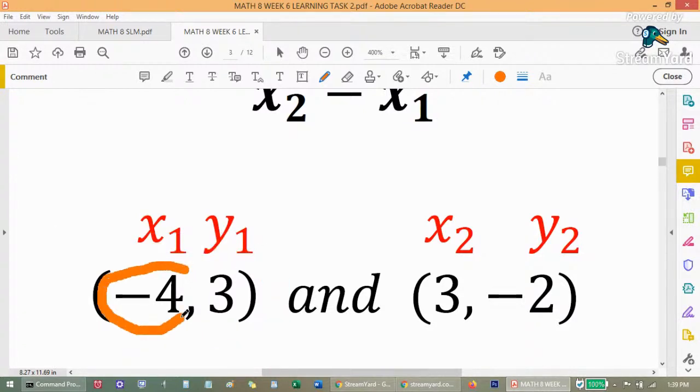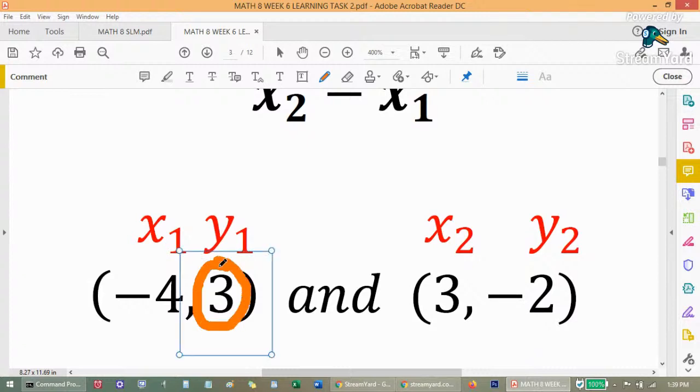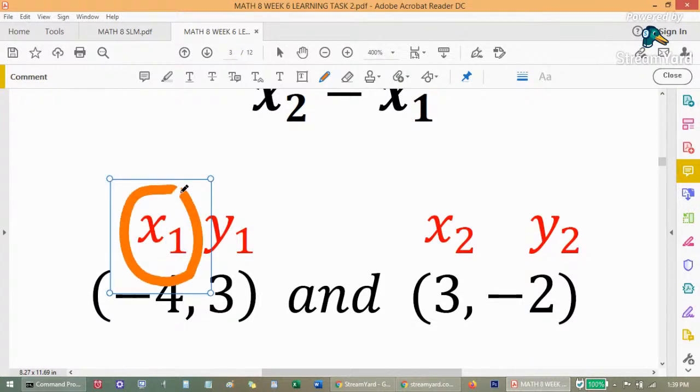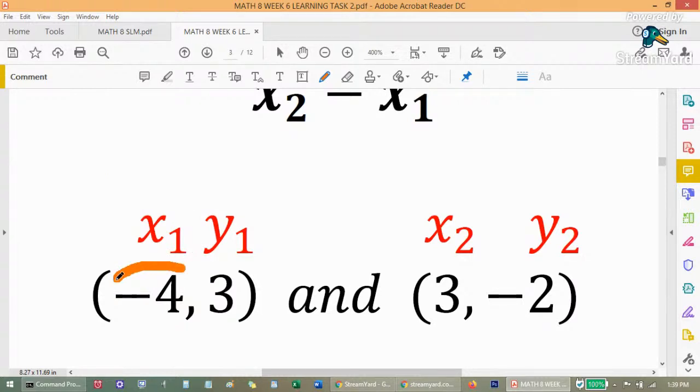Ito yung x niya. Ito yung y. So ito yung magiging x sub 1. Merong 1 siya dito. Ibig sabihin, ito yung ating first x. Negative 4. Ito naman ang first y, y sub 1.